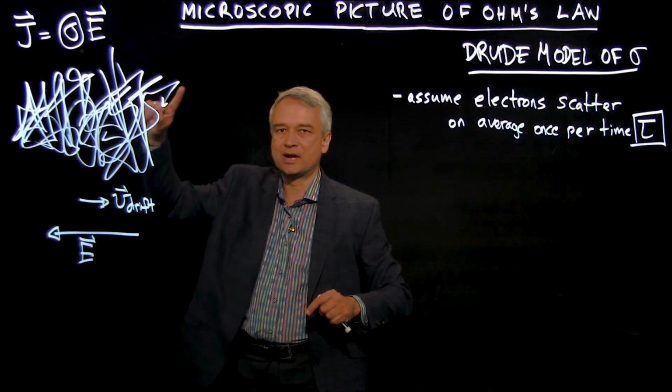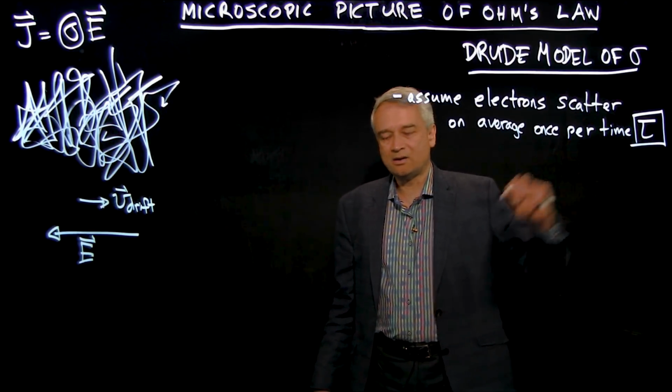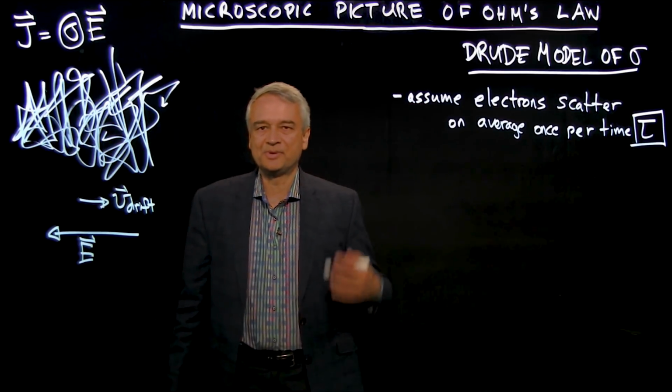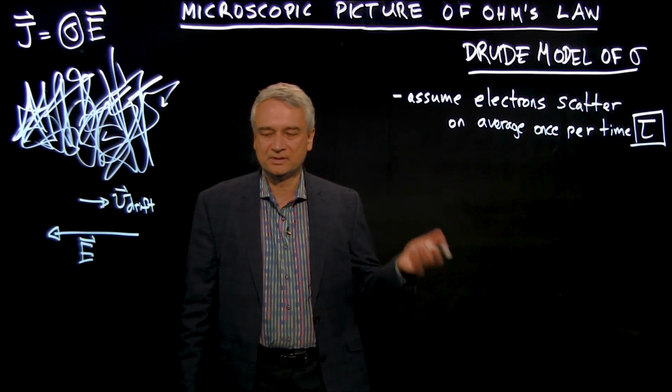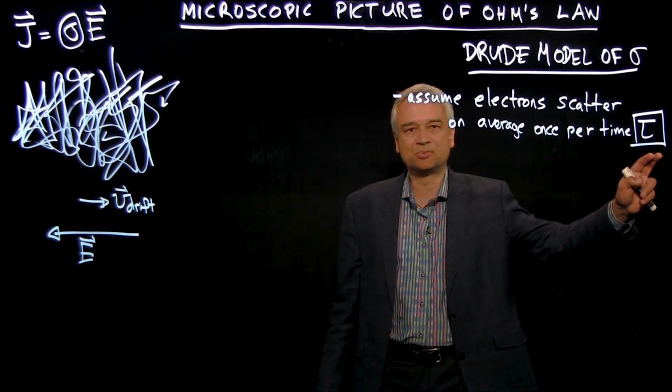It doesn't mean that every single time they travel tau they scatter, but on average, once per time tau. Scatter means change direction. And this time tau is a property of the material. It's going to be different for copper than for aluminum, than for gold, than for silver, than for platinum. So this is our first material property.